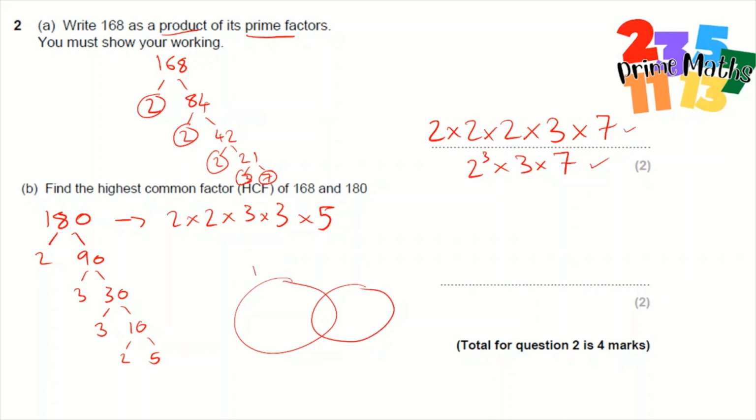So in common between 168 and 180, we have 2 2's in both and we have a 3 in both. Left over in 168 is a 2 and a 7, and left over in 180 is a 3 and a 5. My highest common factor is the numbers in the middle. 2 times 2 is 4, times 3 is 12.